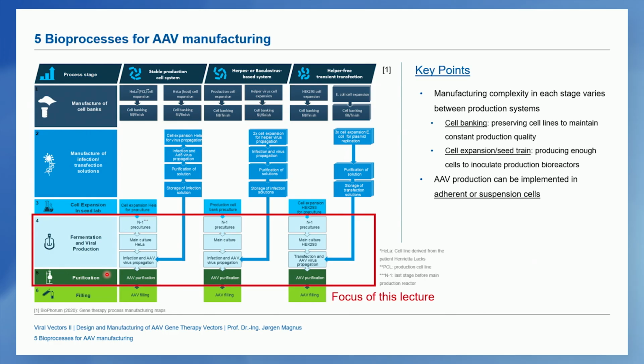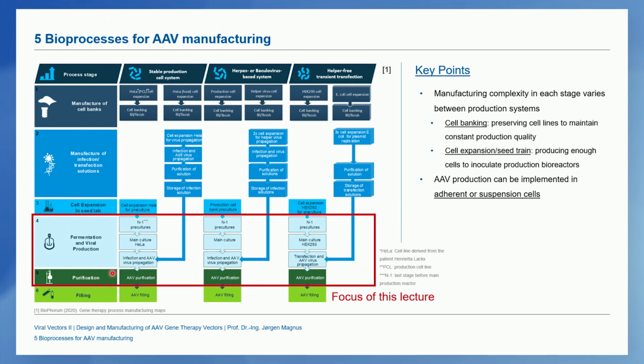So there's a lot of information on this slide, but if you look at the left-hand side here, you see the process steps where you have the manufacturing of the cell banks, the manufacturing of the infection solution or the transfection solution, depending on your production system, then the cell expansion and the fermentation, and the production of virus, and then the purification, which can be also very complex. Here it's just one line, but there's of course several different unit operations that are needed to purify the product at the end of it.